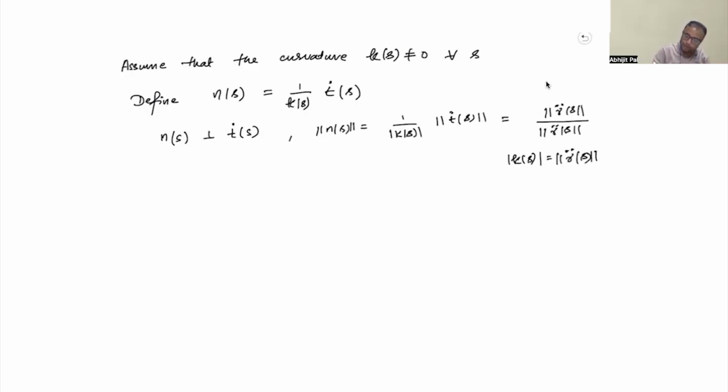Therefore this is equal to 1. So Ns is a unit normal vector at gamma s.